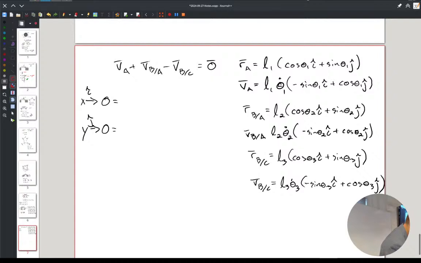All right, so what do those two equations look like for V_A plus V_BA minus V_BC? What are those equations?